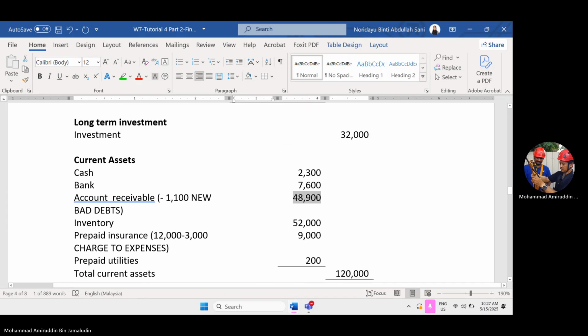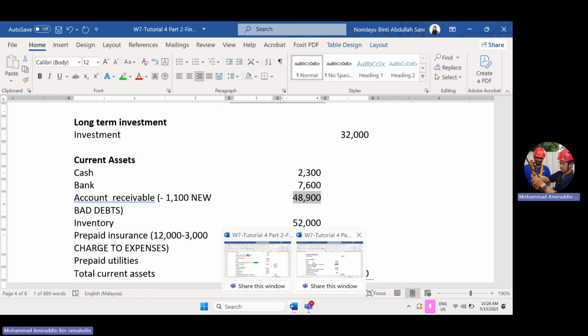No more allowance for doubtful debt because it's confirmed we cannot collect. Any question for this? No? If no, we'll proceed.